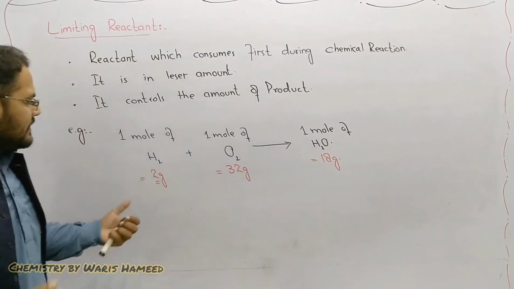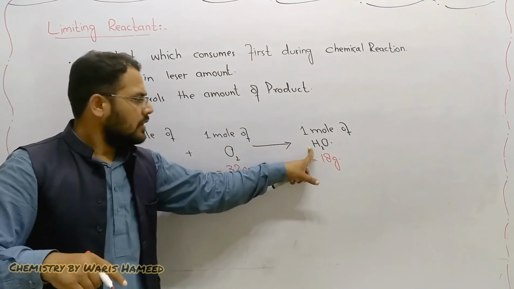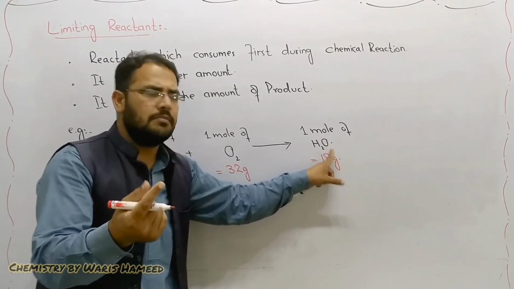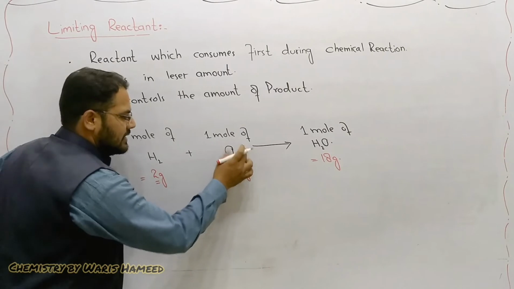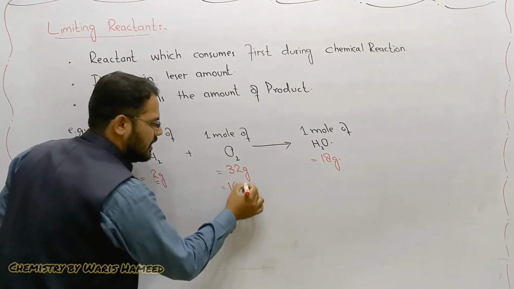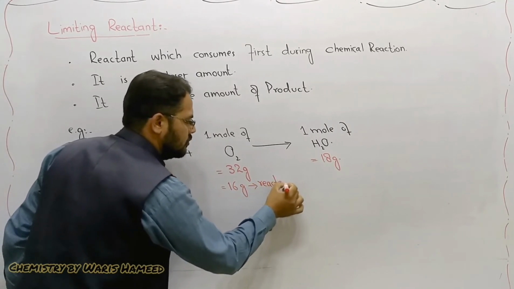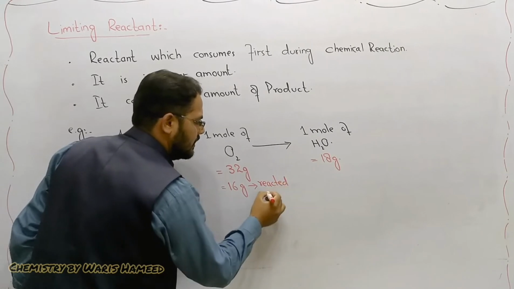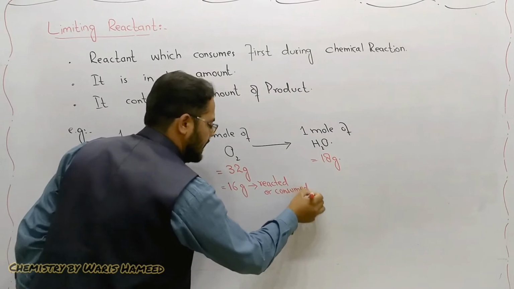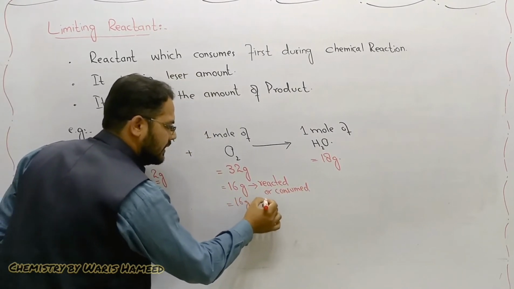Now we can see that 2 moles of hydrogen are here in the product, and here is 1 atom of oxygen, which is 16 grams. Of this oxygen, we can say 16 grams of reactant is reacted or consumed, and 16 grams is remaining.